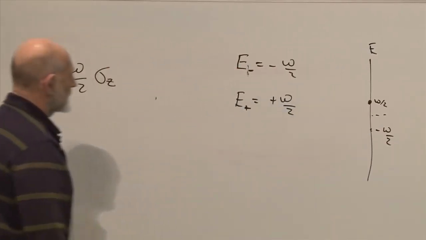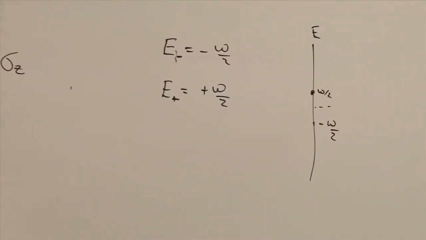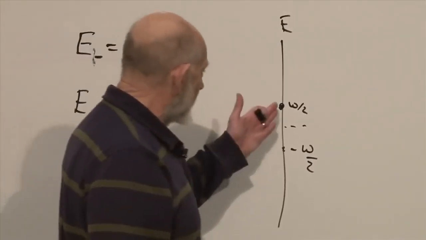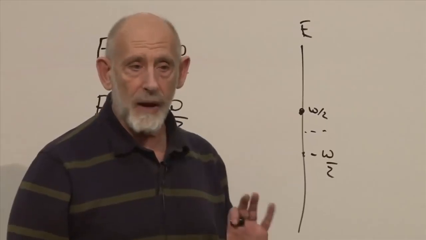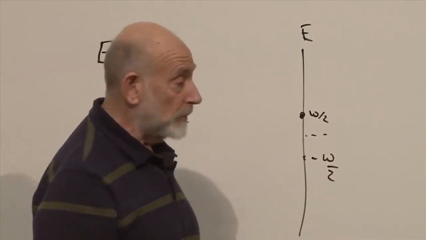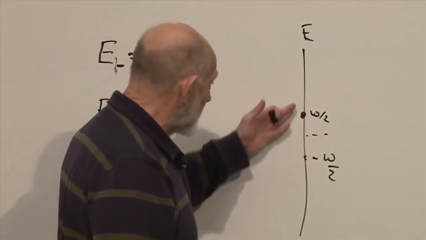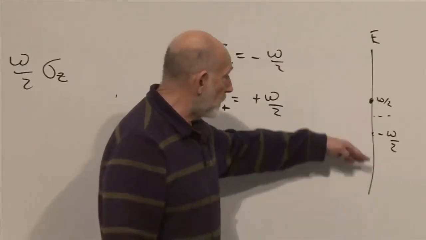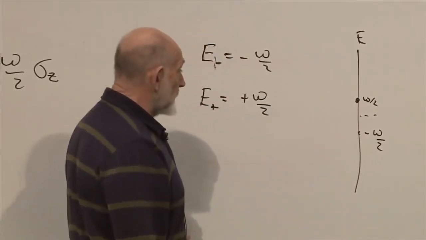All right, now what can happen under such, we have not studied this process yet, but let's talk about it for a moment. Given two states like this, it is possible for an atom or a spin or a system with energy levels like this to emit a photon and go from the upper one to the lower one, if it's in the upper.